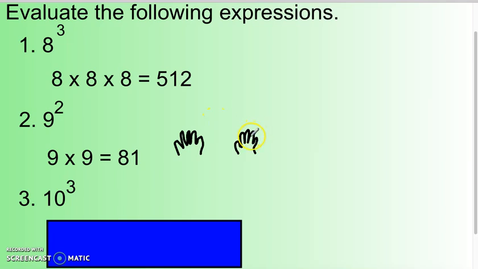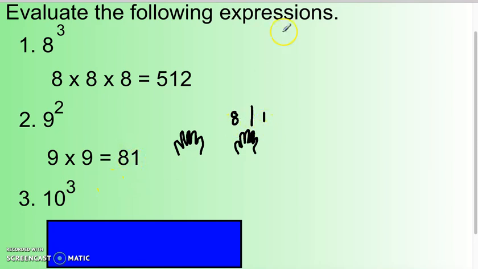Okay, so that means I would put this one down because I would count 1, 2, 3, 4, 5, 6, 7, 8, 9, and I'd put this one down. And so if this one's down, then all I do is I count my fingers before it, and my fingers after it. So I have how many fingers before? I have 8, and after it, I have 1. So I put it together, 81.